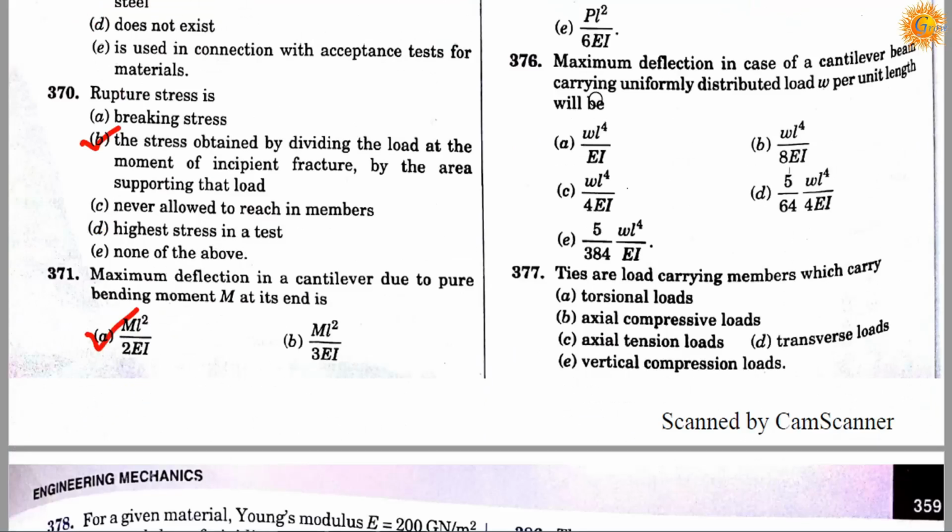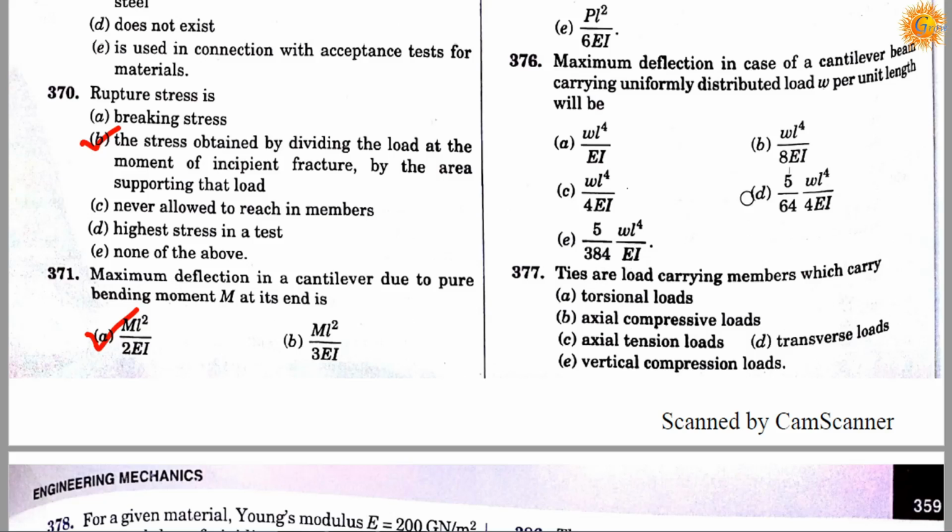Question number 376. Maximum deflection in a case of cantilever beam carrying uniformly distributed load W per unit length will be option A, WL power 4 divided by EI, option B, WL power 4 divided by 8 EI, option C, WL power 4 divided by 4 EI, and option D, 5 divided by 64 into WL power 4 divided by 4 EI, and option E is 5 divided by 384 into WL power 4 divided by EI.